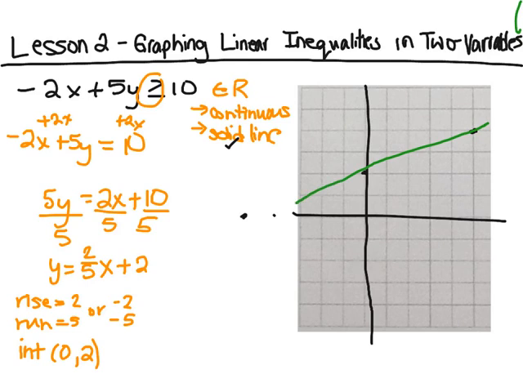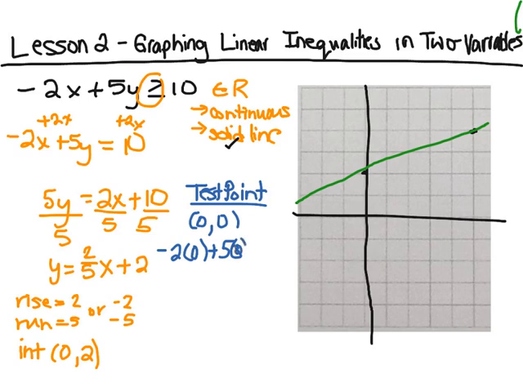Now we need to determine where we want to shade. So we want to find a test point. So we're going to use the vertex of 0 and 0. So -2 times 0 plus 5 times 0 is greater than or equal to 10. 0 is greater than or equal to 10.